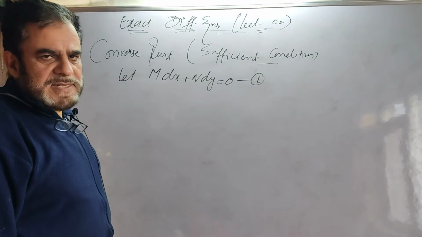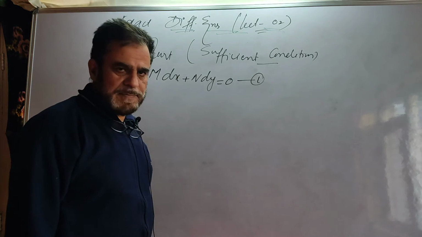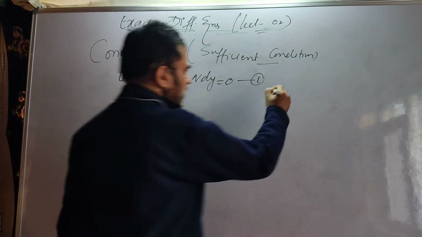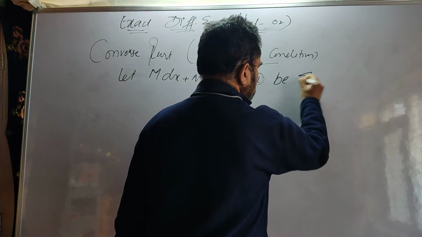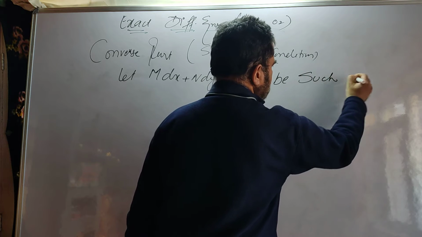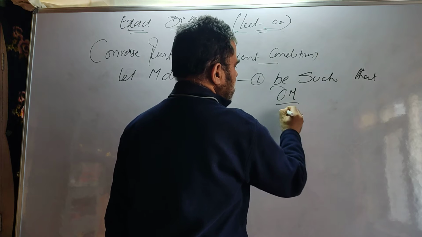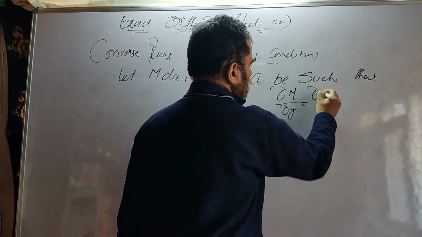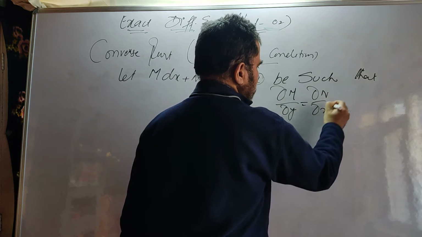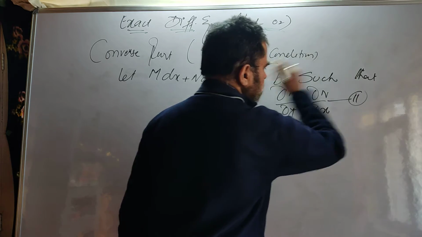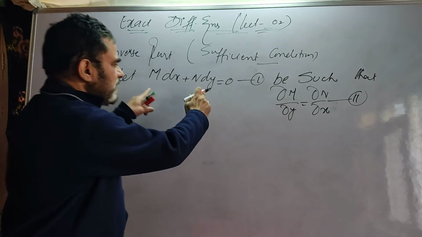M is some function of x and y. N is also some function of x and y, be such that, we are taking this for granted, dou M by dou y is equal to dou N by dou x. You take this differential equation.